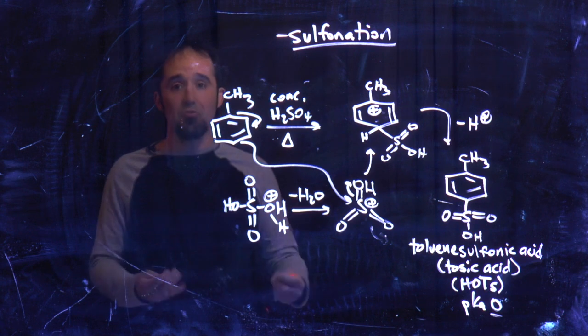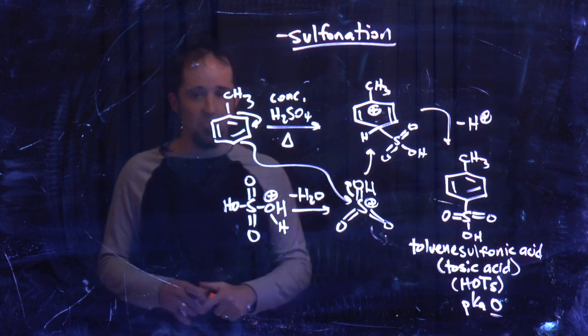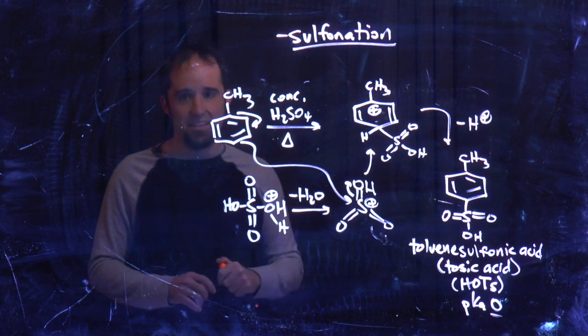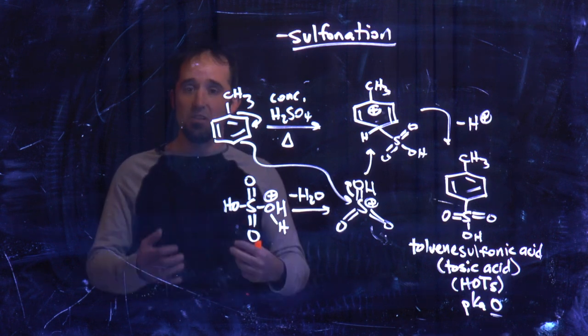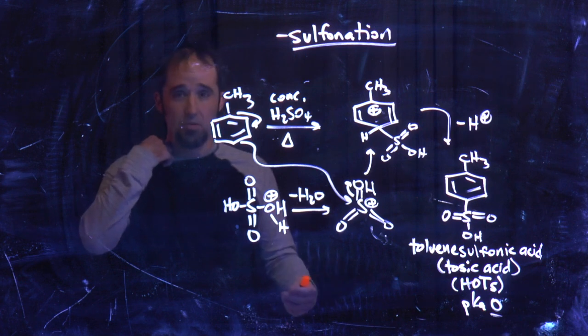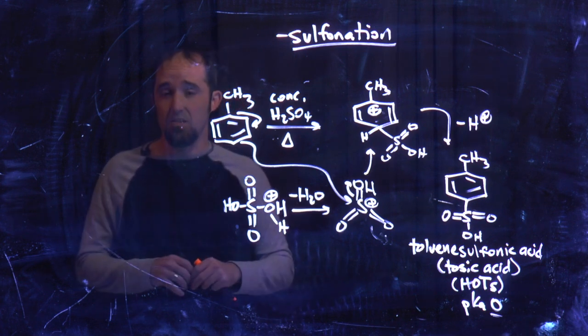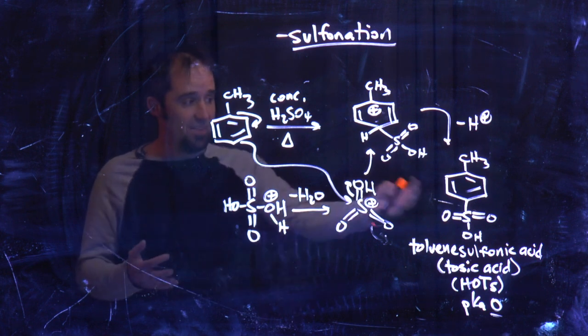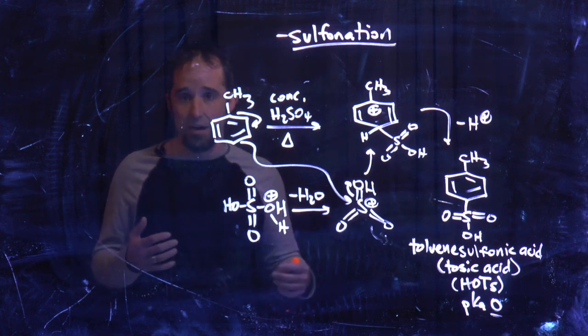I have a sulfonic acid. And this one in particular is toluene sulfonic acid, or tosic acid, sometimes abbreviated HOTS. This is a really, really strong acid. The pKa is about 0. So that puts it on par with your HCl in terms of acidity. But this is a nice organic crystalline compound. I can weigh it out.